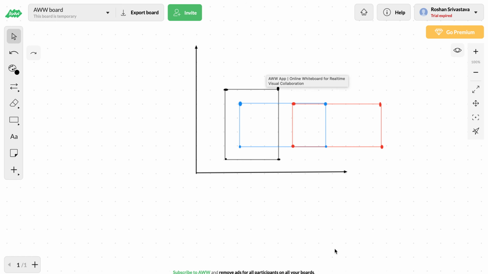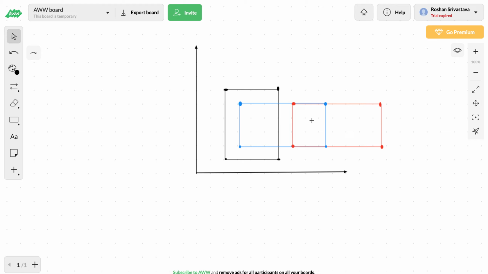So I've drawn a few rectangles here, and let's consider this xy plane. Just to explain how rectangles can possibly be in this coordinate system, all their sides should always be parallel to the axis.